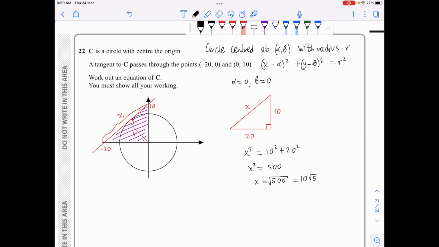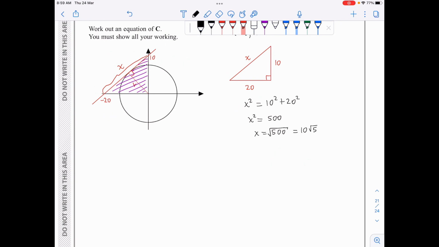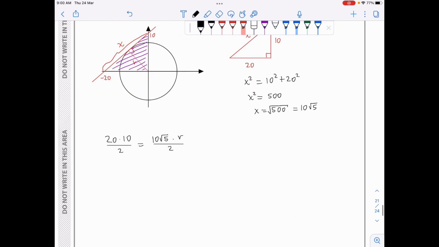So now that I've got this here, I'm going to say that the area of the triangle is 20 times 10 over 2, or 10 root 5 times r over 2. The 20 times 10 over 2 is simply 100, and the 10 root 5 over 2 is 5 root 5. So 100 over 5 root 5 is r.